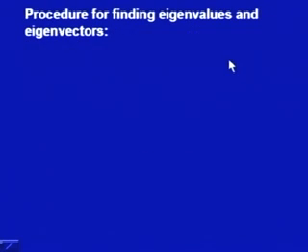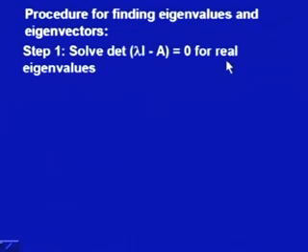Now we have discussed the meaning of eigenvalues and eigenvectors, but now we will discuss the procedure for finding eigenvalues and eigenvectors for a given matrix A. The first step is that we form the matrix lambda I minus A for the given matrix A, then calculate its determinant, equate it to 0, and solve this equation.